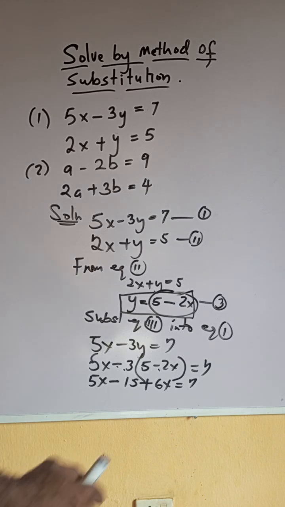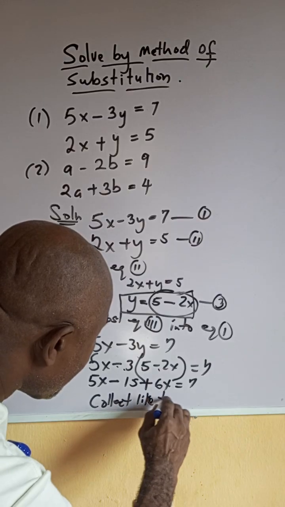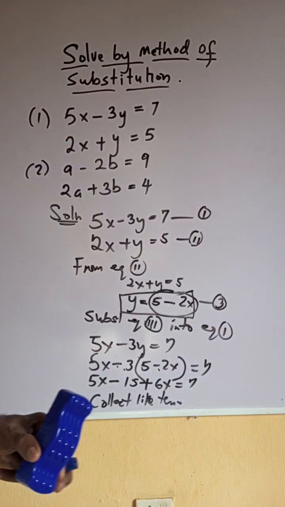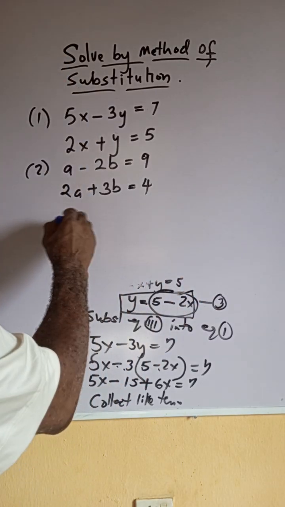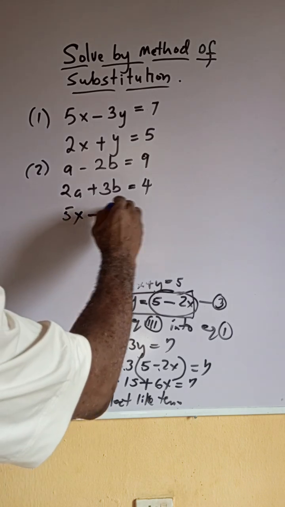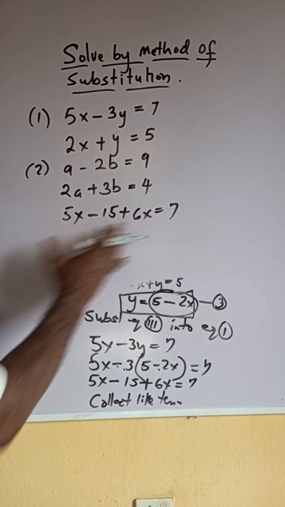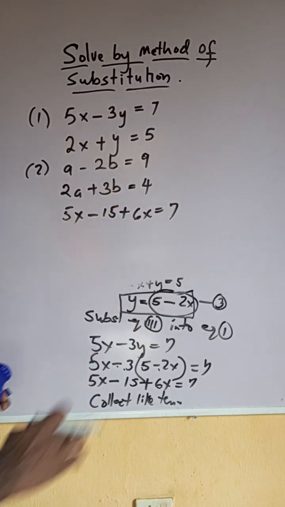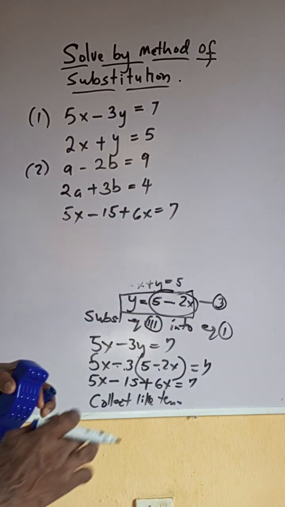The next thing we do is to collect like terms. We have 5x minus 15 plus 6x is equal to 7. 5x and plus 6x are like terms, whereas minus 15 and 7 are also like terms, but they are unlike 6x and 5x.